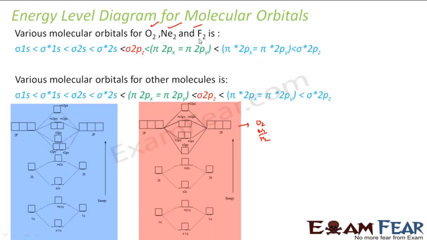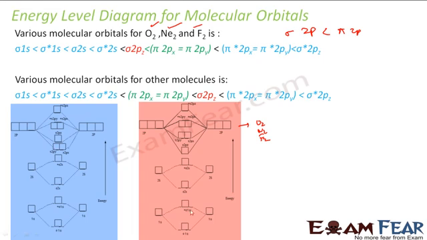In the case of oxygen, neon and fluorine, sigma 2pz is lower than pi 2p. So first sigma 2p comes and then pi 2p comes. But in the case of the others, pi 2p comes first and then sigma 2p comes. The rest of the things are all the same.